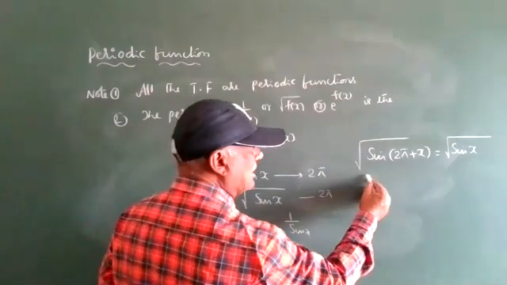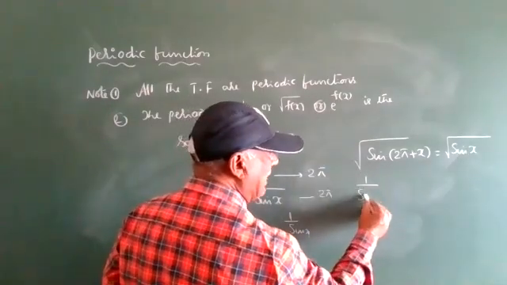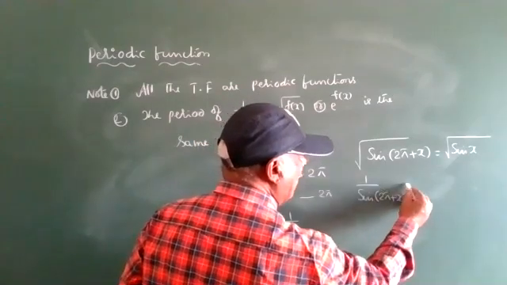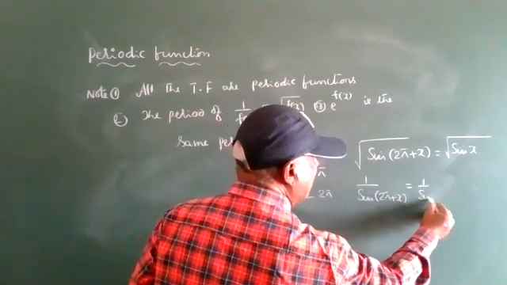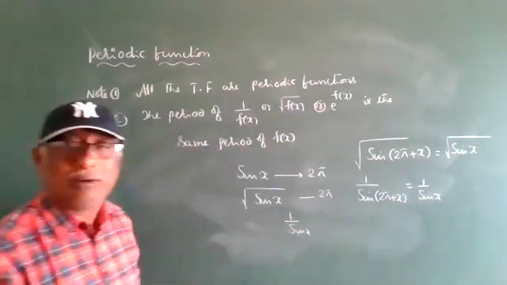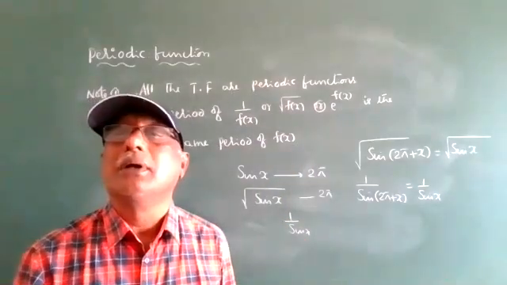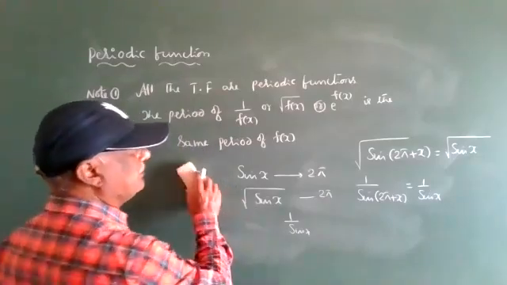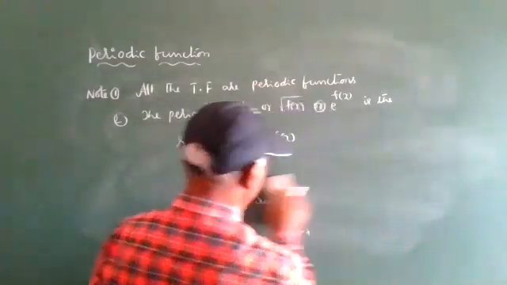Sine of 2 pi plus x is the same for the reciprocal function 1 by sin x. No change. Understood, everyone?